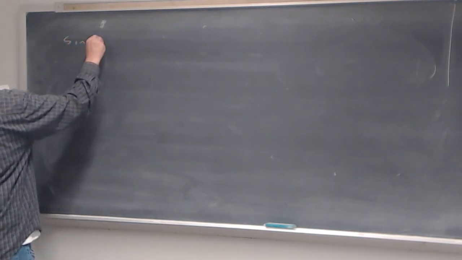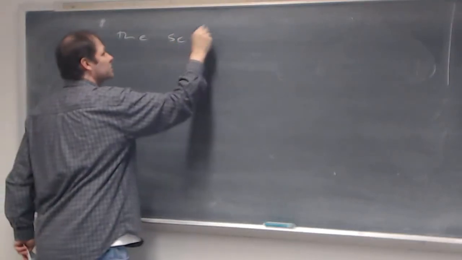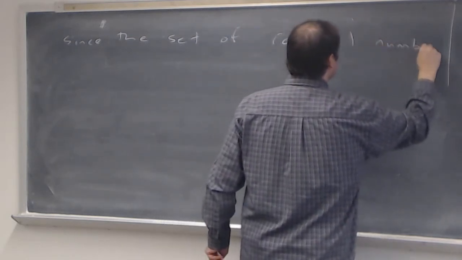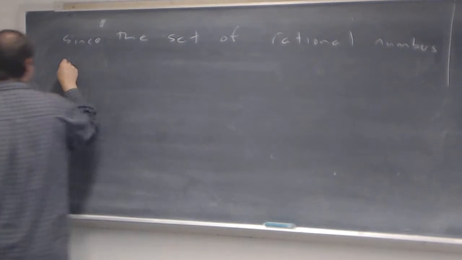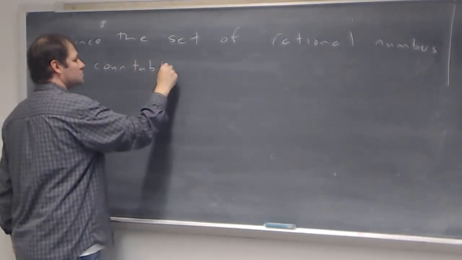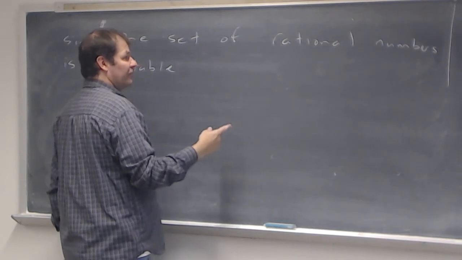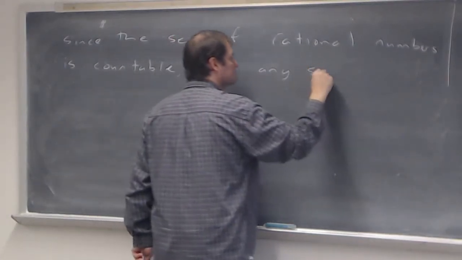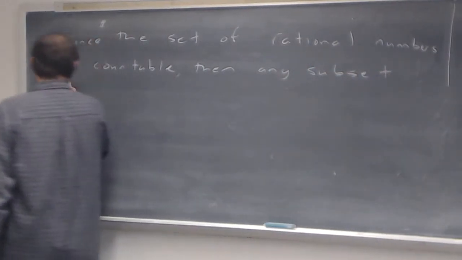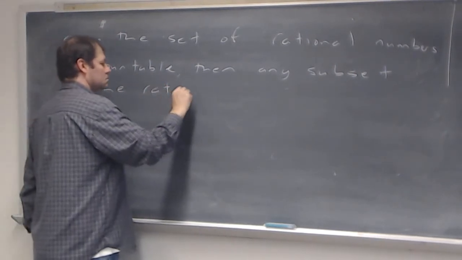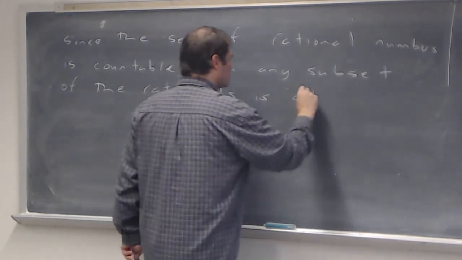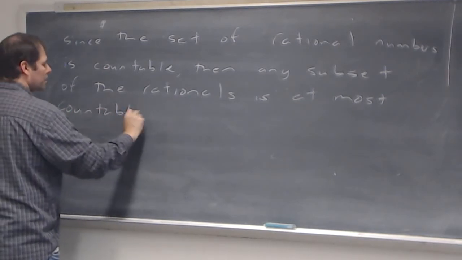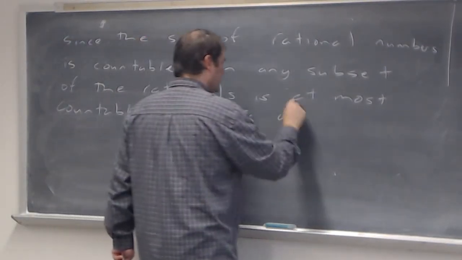Okay, since the set of rational numbers is countable, then any subset of the rational numbers is at most countable. So E is at most countable.